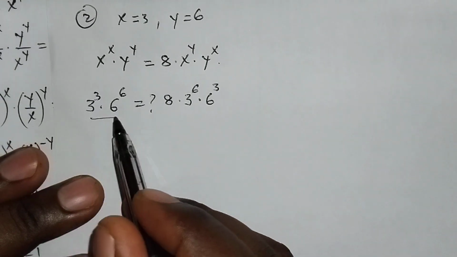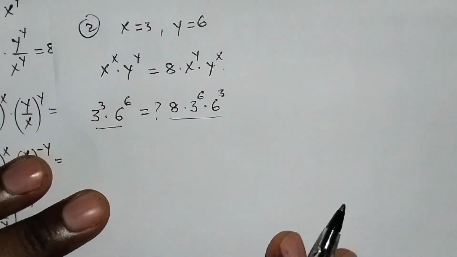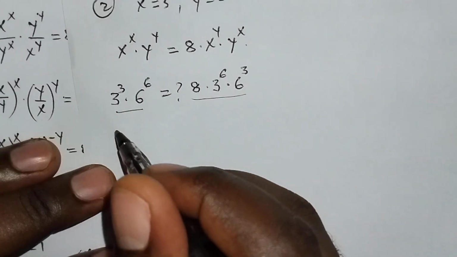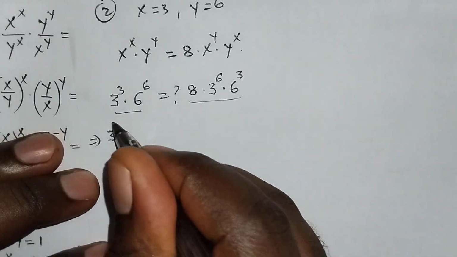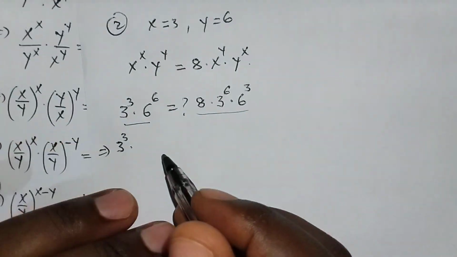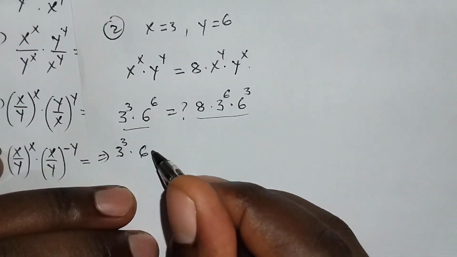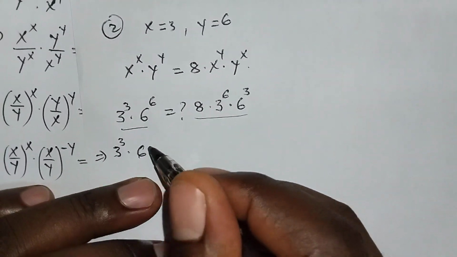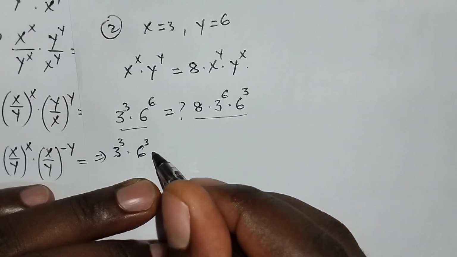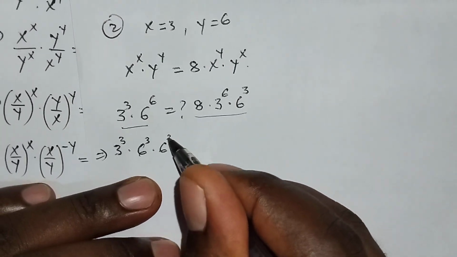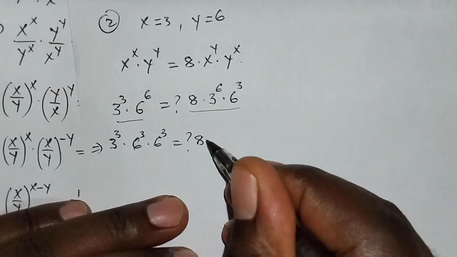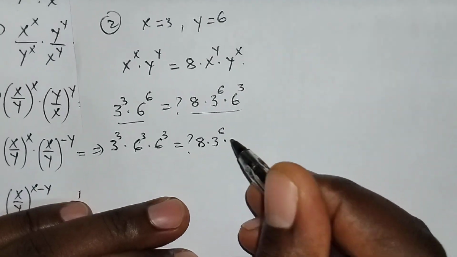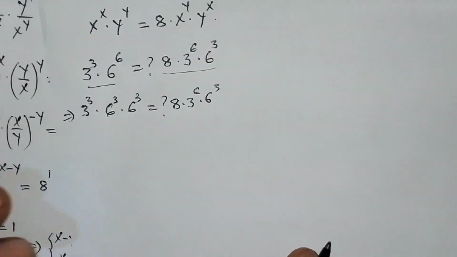We are going to write this in this form. So it is 3 power 3 times 6 power 6, which is 6 times 3 power 3 times 6 power 3, equal to 8 times 3 power 6 times 6 power 3.